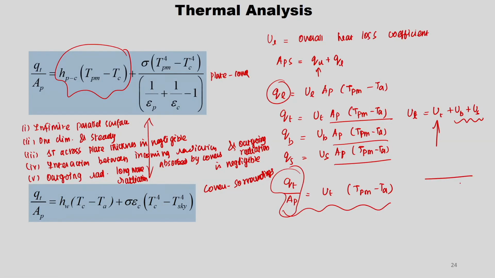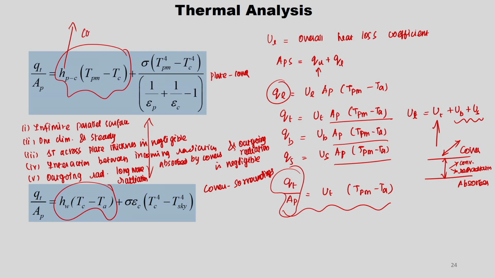This is the absorber plate and this is the cover. From the absorber to the cover there are two components, one is convection losses, another one is re-radiation losses. The same way from the cover to the atmosphere as well. The first component of these two equations talks about convection losses, with the heat transfer coefficient between the plate and cover system.